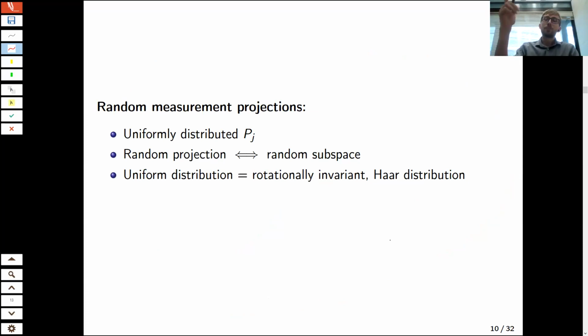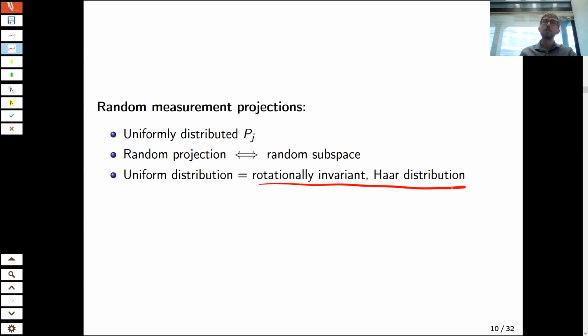Okay, so like I said, we need to pick a lot of projections in different orientations in order to slice up the signal space we're looking at. How can we do that and make sure that we're slicing it up nicely and cutting down the consistent regions to be small? Well, a simple answer would be to use a uniformly distributed choice of projection. There is a uniform distribution on the projections, the rotationally invariant distribution.